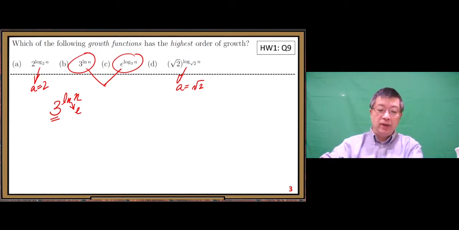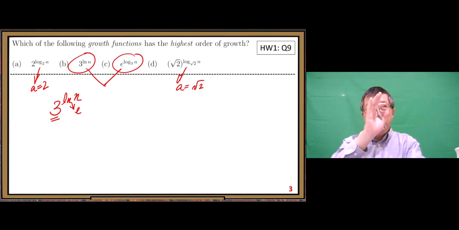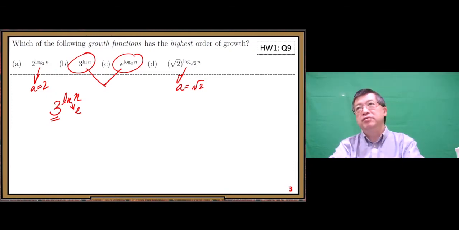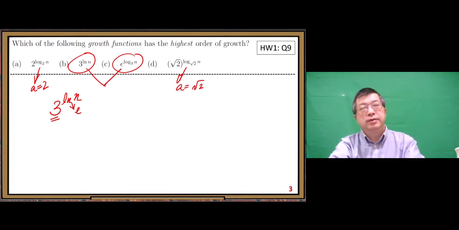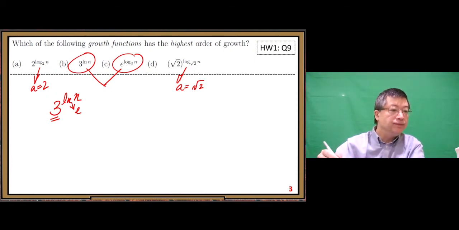So here, we can do a conversion. When this happens, we try to make the same base. Can we make the same base? Yes, we can try. Let me show you how to make the same base.